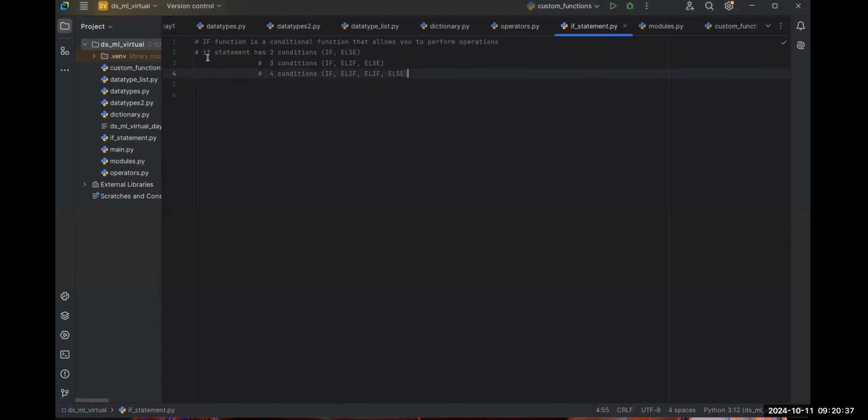So now, what we are saying is that with the if statement, we have the one that is two conditions in Python. That is, if this doesn't happen, end the program for us. Three conditions: if this doesn't happen, try this and see.